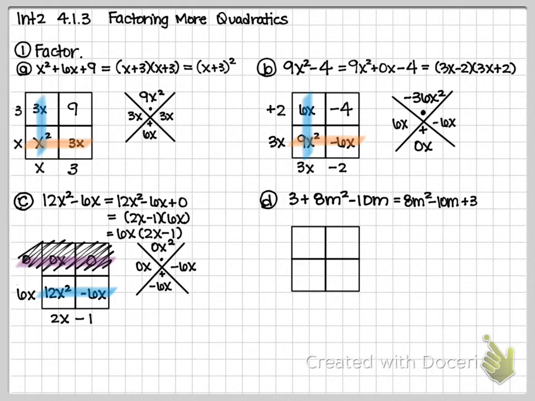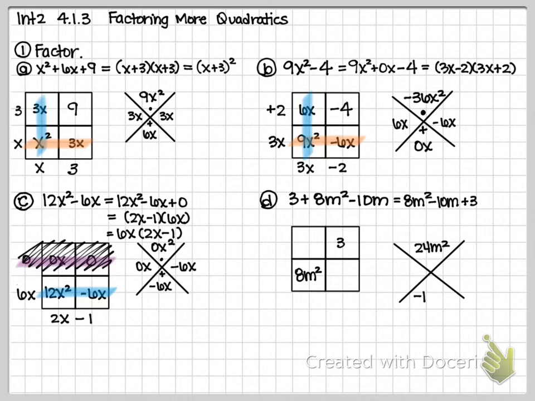So my 8m squared is going to go in the bottom left corner. And then my positive 3 is going to go in the top right corner. All right, we're going to multiply those two together to figure out what goes in the top of the diamond. That's going to give me a positive 24m squared.